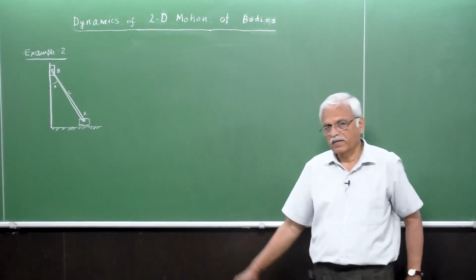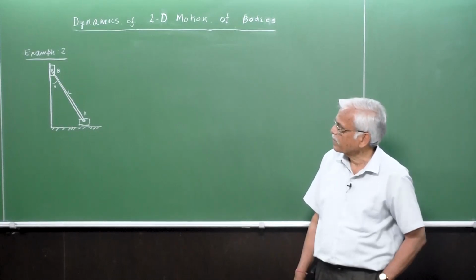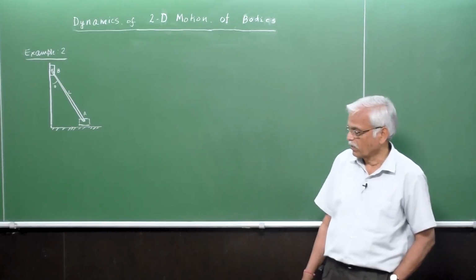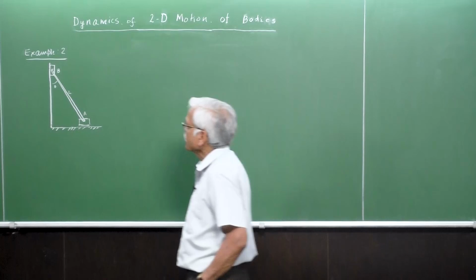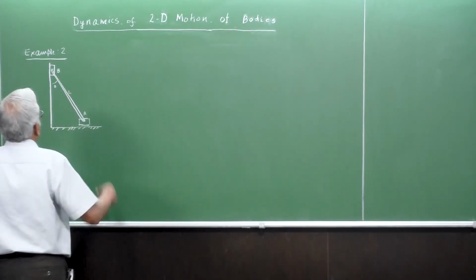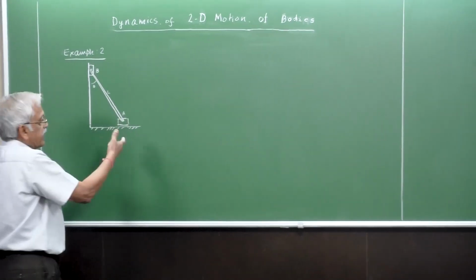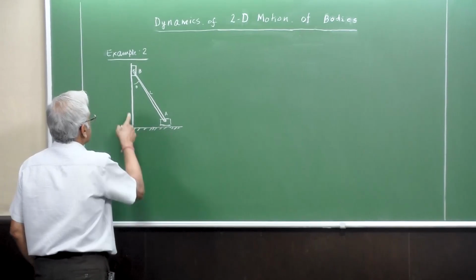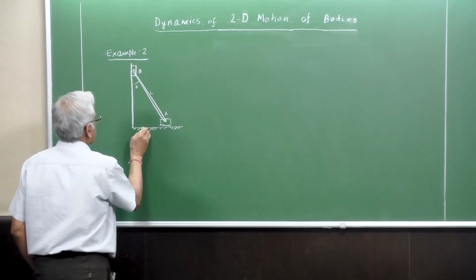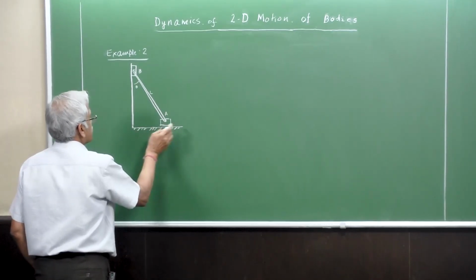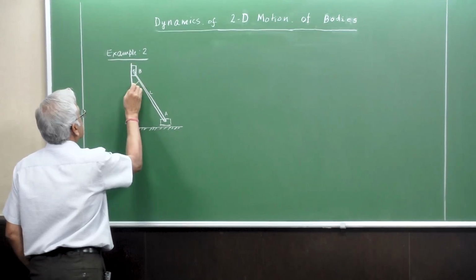And then another very popular example in this dynamics 2D motion is a rod, like a ladder, which is put against a vertical wall, resting on the ground at an angle of theta.